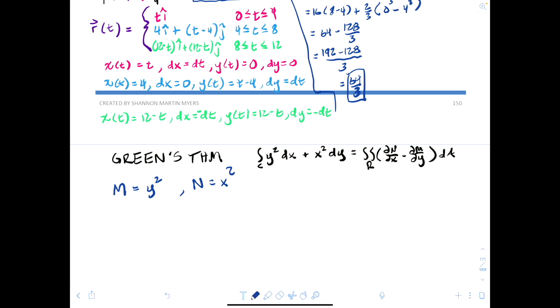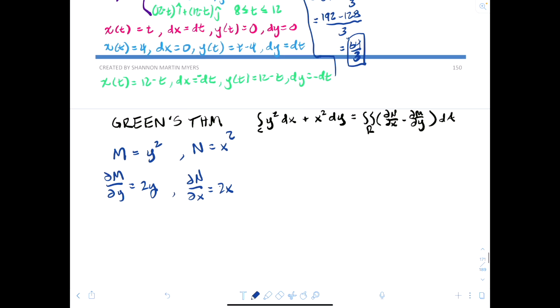Let's go ahead. Our first partial of m with respect to y is going to be 2y, and our first partial of n with respect to x is going to be 2x. Groovy?